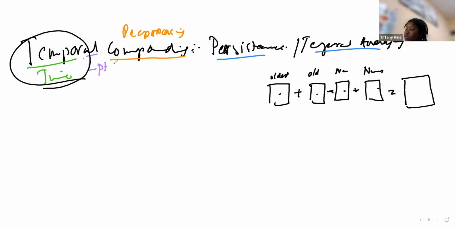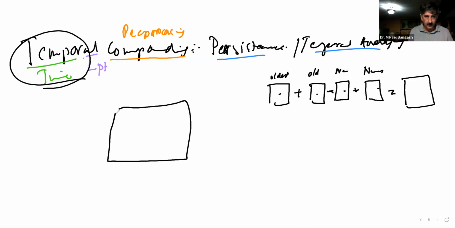Yeah. Okay. Now, why is it that we want to do that? The main purpose of temporal compounding is this: the structure that we are scanning, in one frame, was here.